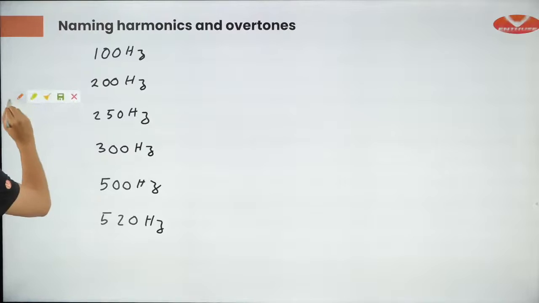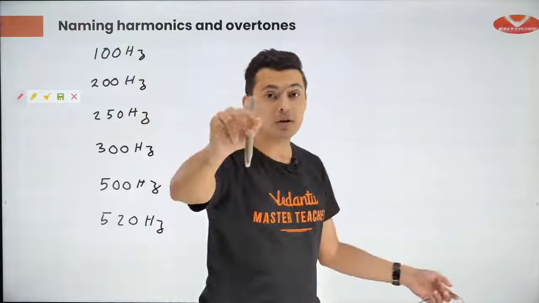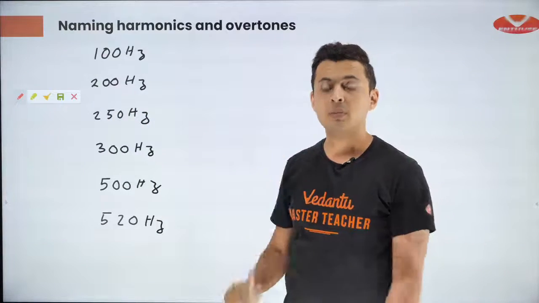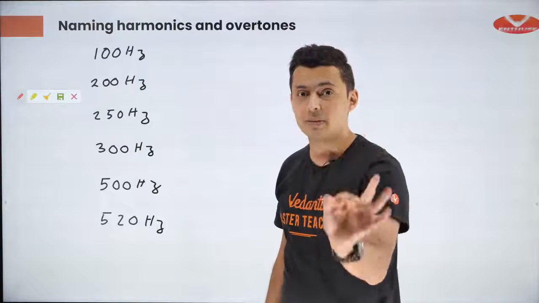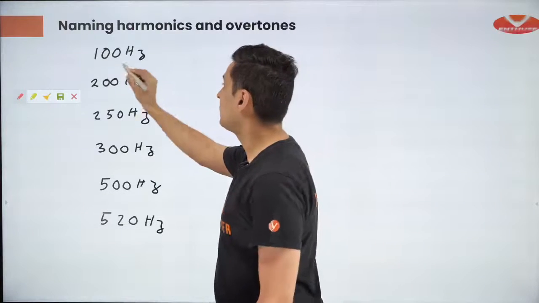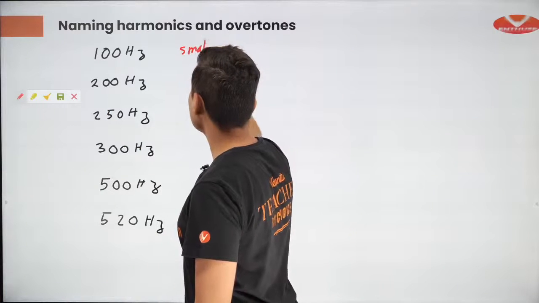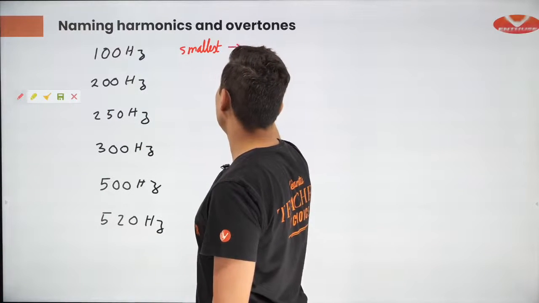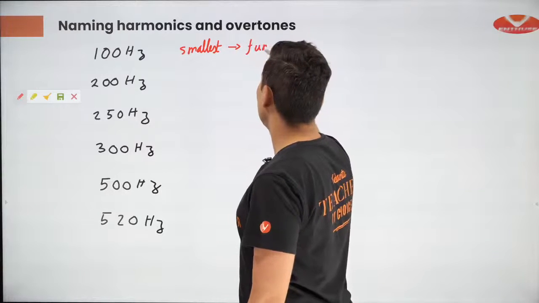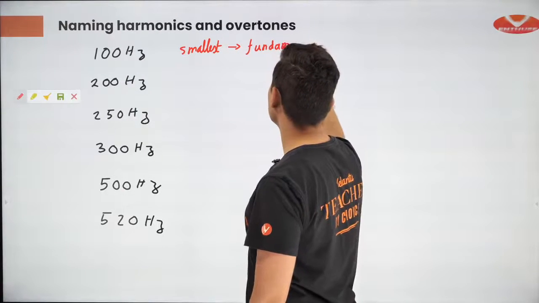Now, listen to me very carefully, or else you will get confused. The smallest frequency permitted is called the fundamental. Which is the smallest? This one. So the smallest one is always the fundamental. So this is called the fundamental frequency. Keep this in mind.